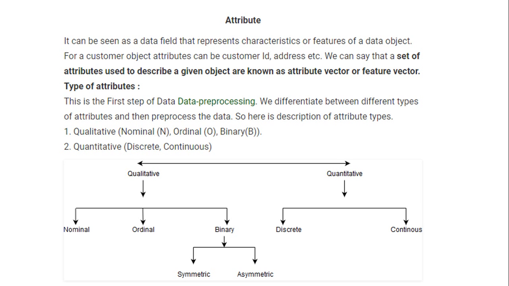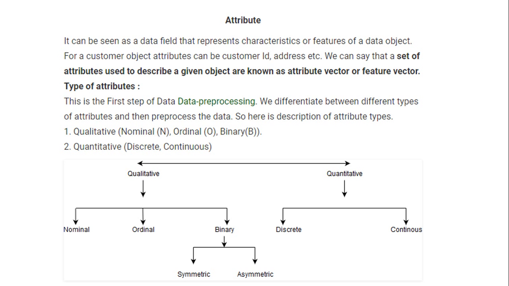So we can continue and talk about binary attributes. What are binary attributes? A binary attribute is a nominal attribute with only two categories or states, which is 0 or 1. You understand that? So let me repeat that so that you can get it right.